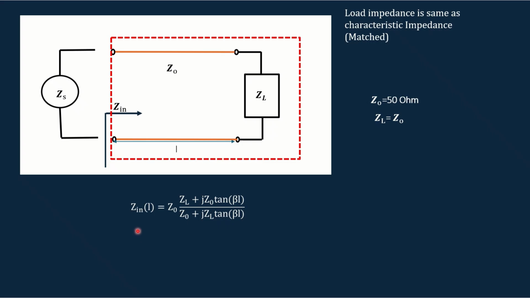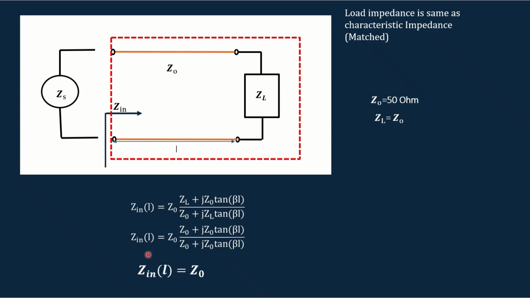So let's see what will happen if our antenna impedance is the same as 50 ohm. We know that this is the input impedance calculation equation. Here we can see that when the load impedance is the same as the characteristic impedance, the equation will transform like this: Z0 (Z0 + jZ0 tan βL) / (Z0 + jZ0 tan βL), because we are considering ZL equal to Z0.